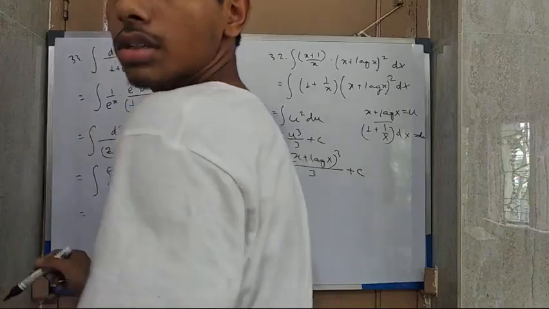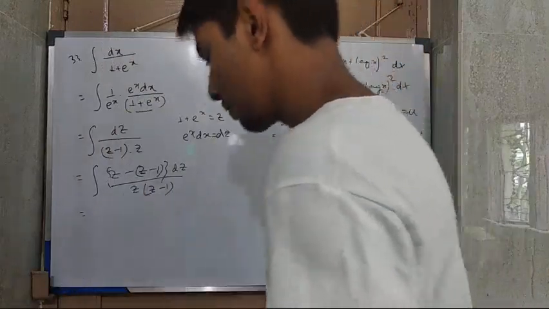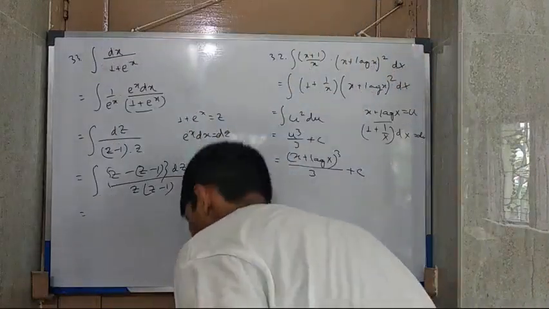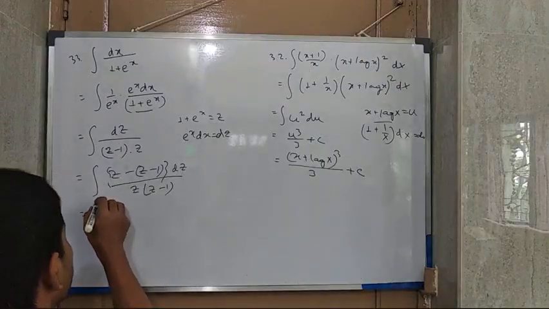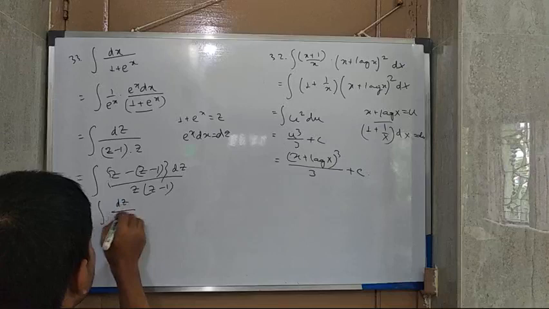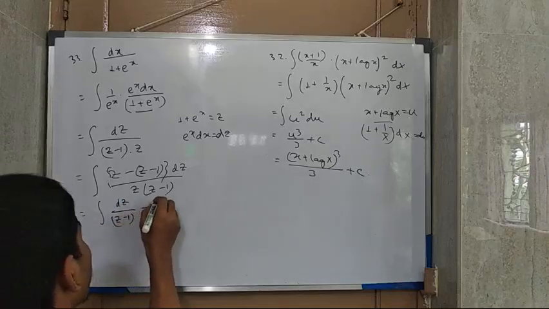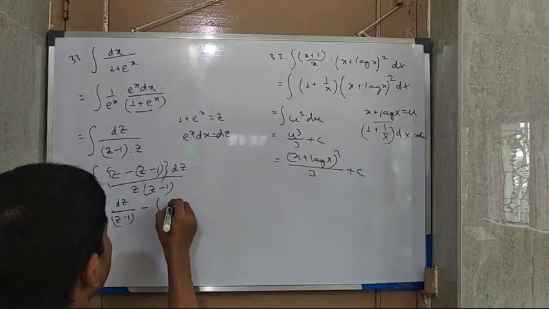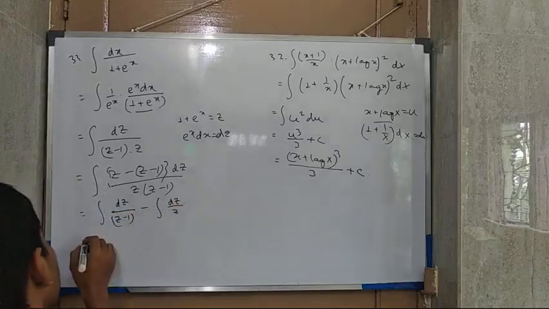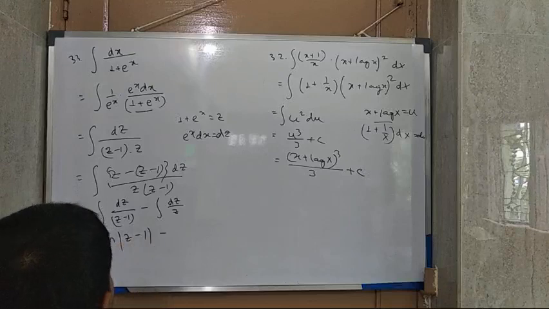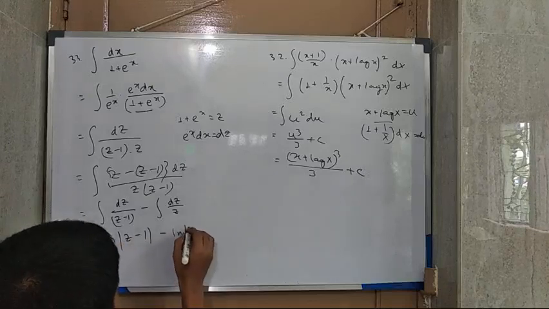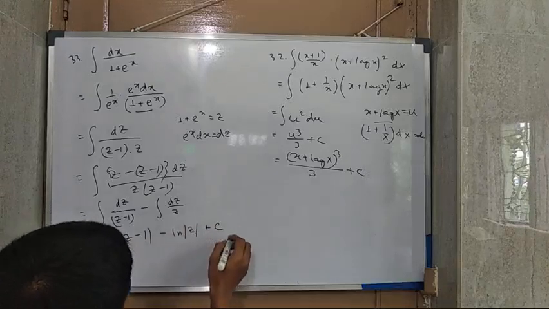You can just split it up as integral of dz by (z minus 1) minus integral of dz by z. So this becomes ln (z minus 1) minus ln z plus c.